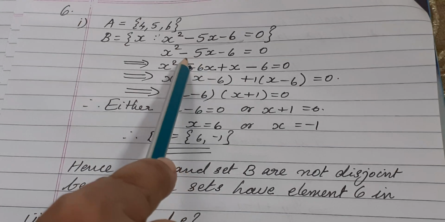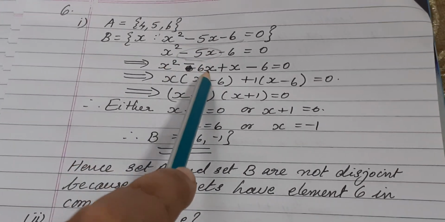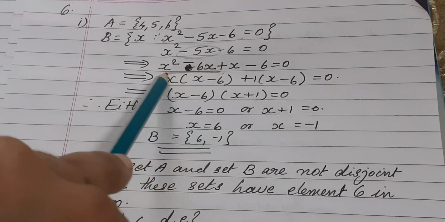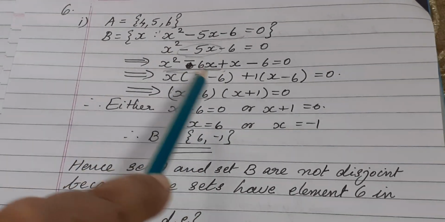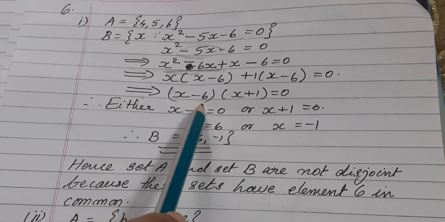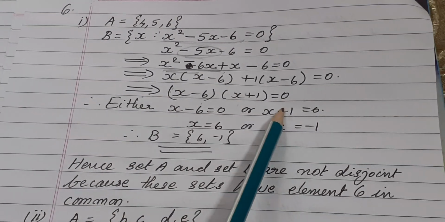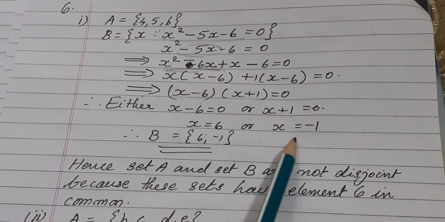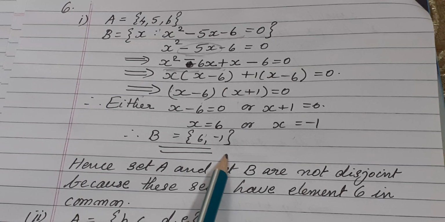So this -5x we can write as -6x + x. Now take x outside from the first two. So you will get x(x - 6) + 1(x - 6) = 0. That implies (x - 6)(x + 1) = 0. What will be the value of x then? x will be equal to 6 or x is equal to -1. So two elements, 6 and -1, are there.